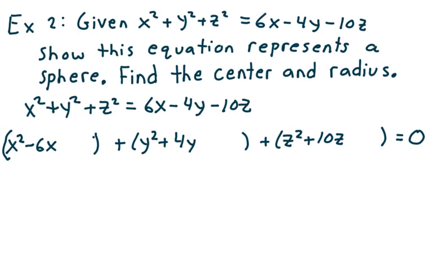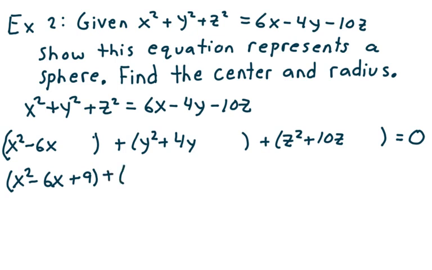Now, this is what we're going to do. What do I need to add to x squared minus 6x to make a perfect square? And I claim we need to add 9. Why? Because remember, half of 6 is 3, and 3 squared is 9.